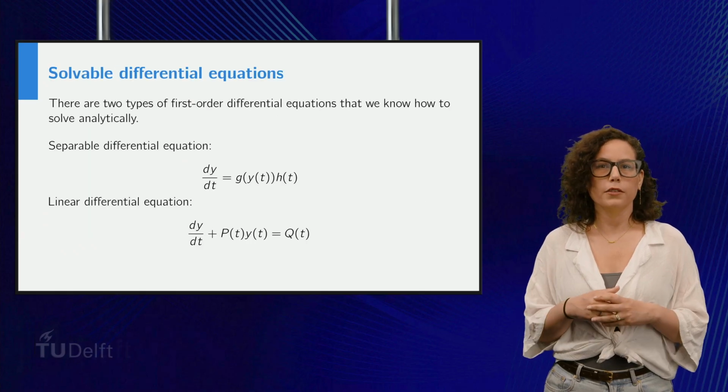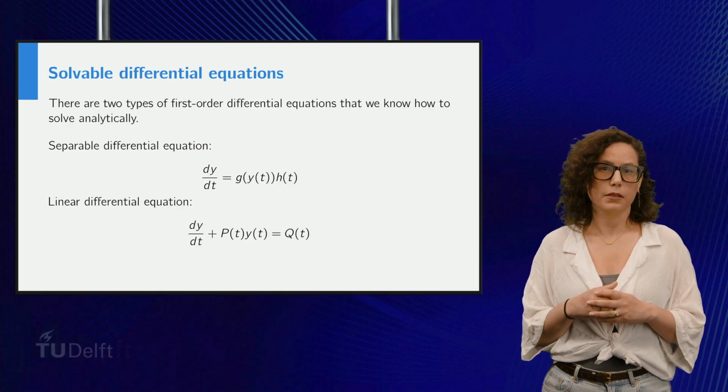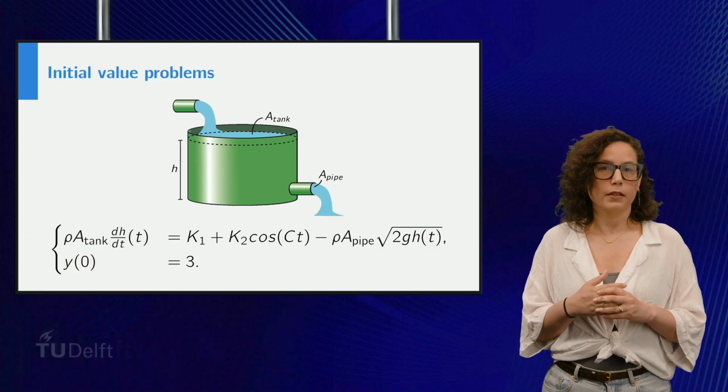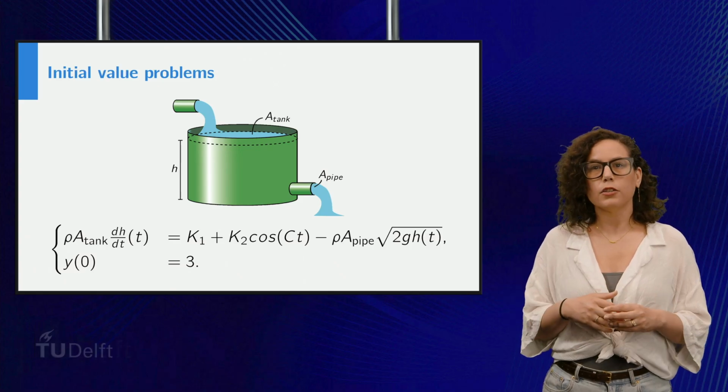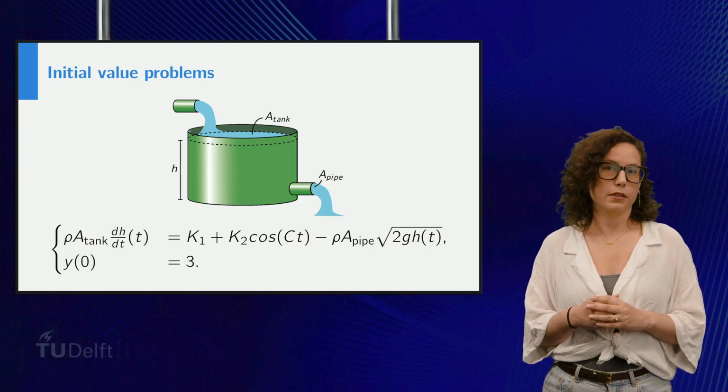But what can you do if the differential equation does not fall into one of these two categories, like in our third example of an initial value problem? Sadly, it is not always possible to get an explicit expression for the function y of t.